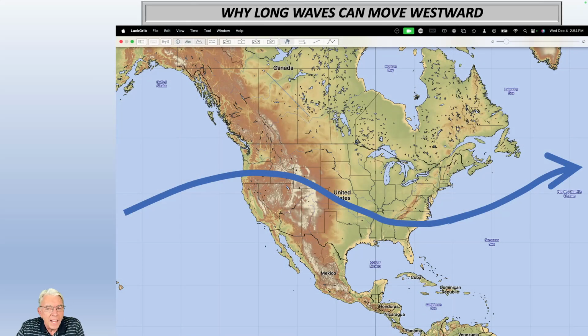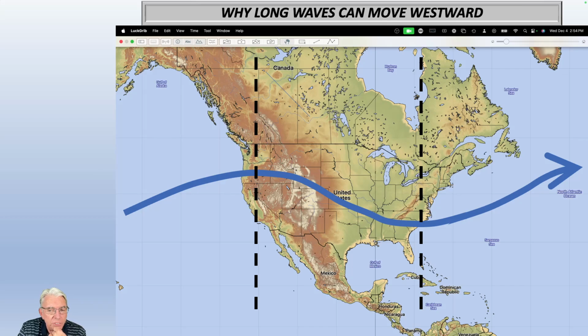So here we have what I would call a pretty darn long wave, okay? There's a ridge axis here, and there's another ridge axis way out here in the Atlantic. So this is a very long wavelength, really more than the width of the United States. So let's focus in on the area between the ridge axis and the trough axis, okay?